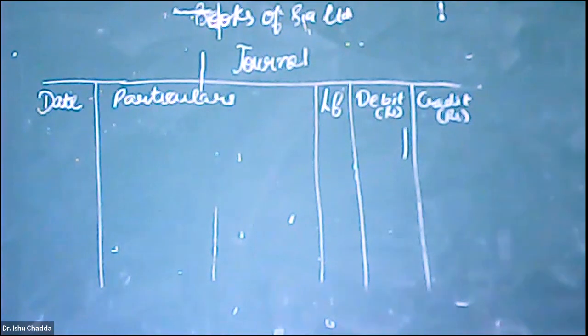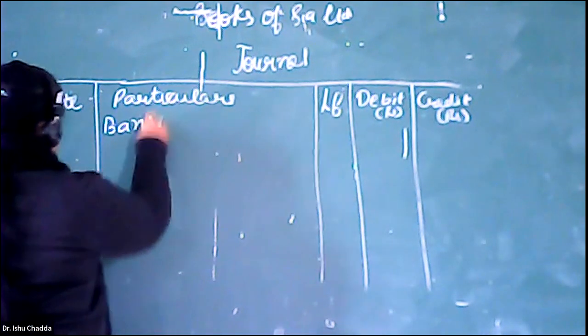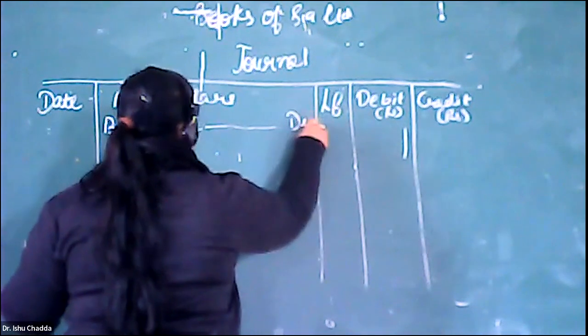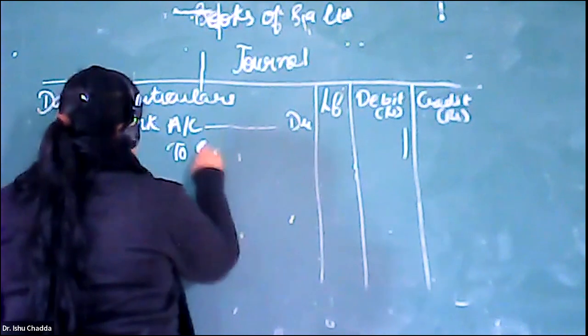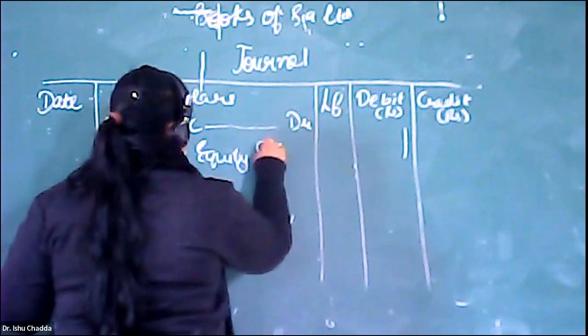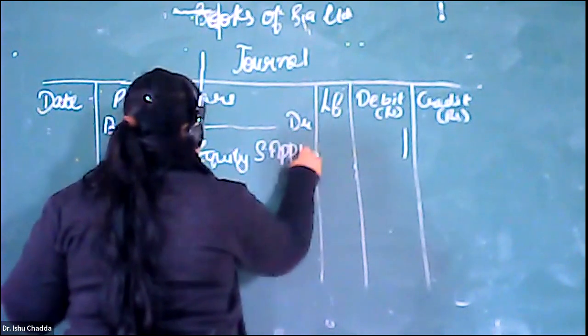Okay, fine. The first entry we have to pass is because they received the money in their bank account. The first entry is bank account debit to equity share application account.